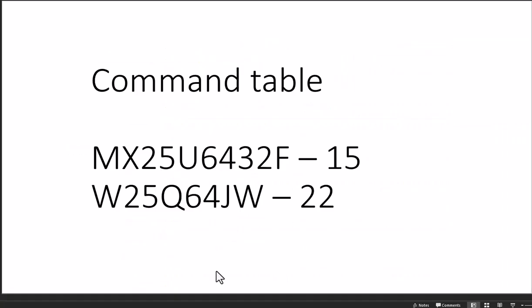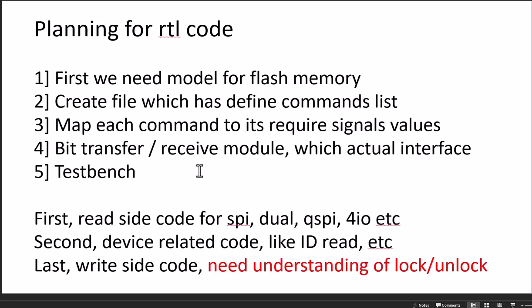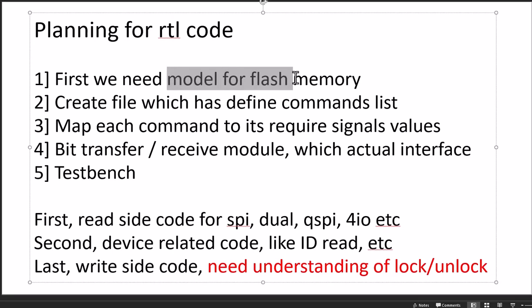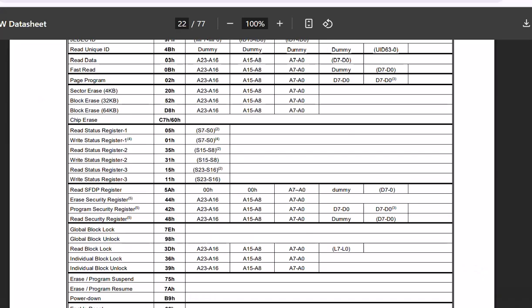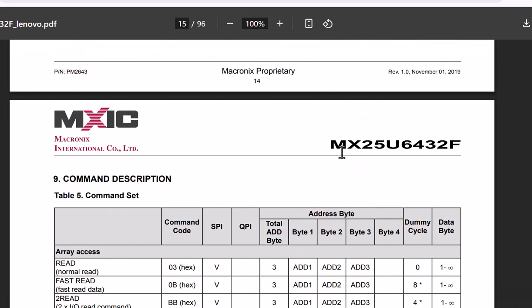Back to our discussion. So for the planning of the RTL code, we need a flash memory model. You can get the flash memory models from the vendors. What I have with me is the model for this Micronix number. If you have a different model name, you can take that.